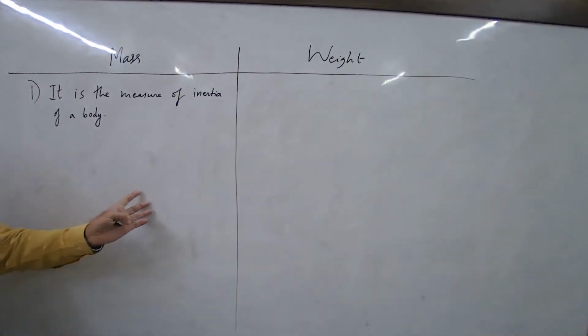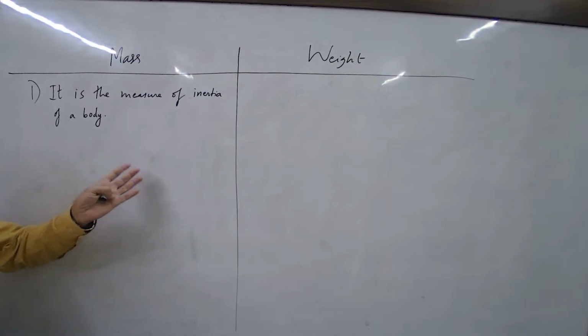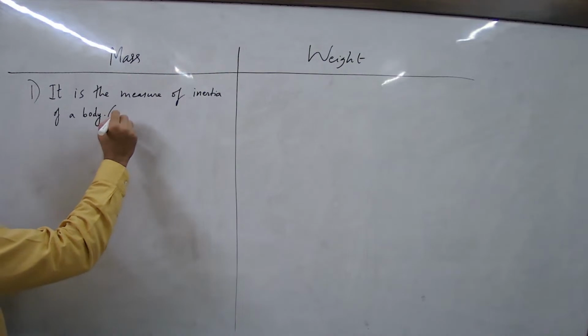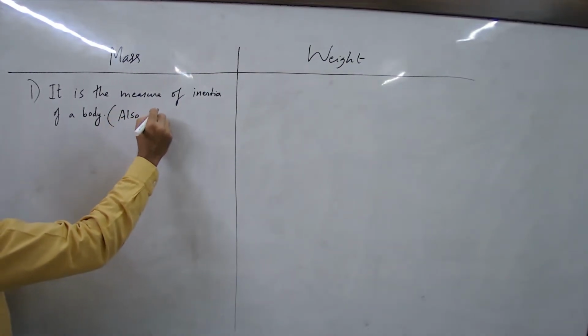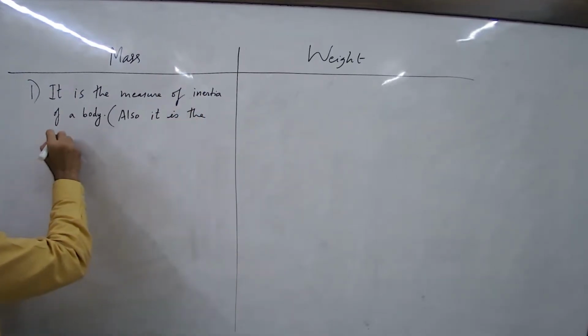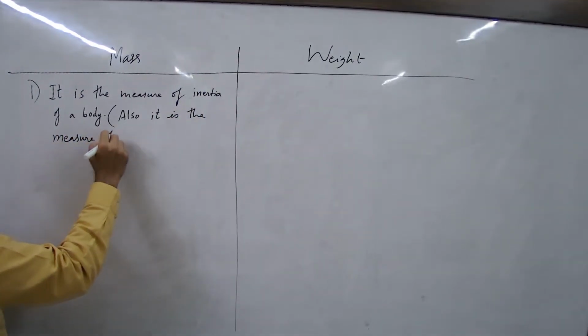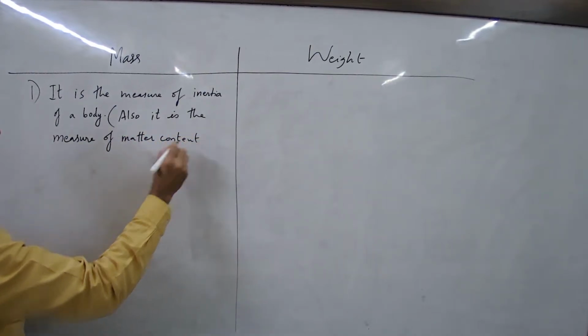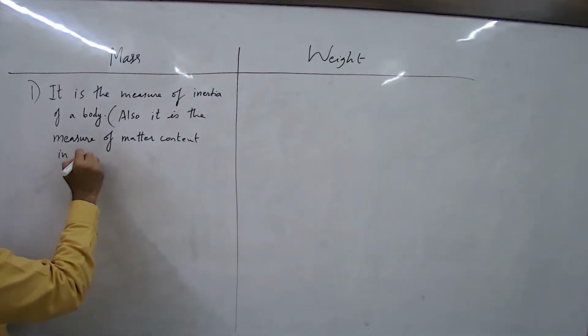Now this definition, which is in the book, doesn't make sense. Actually, mass is the measure of the matter content of which the body is made. Inertia is opposition to its motion, right? You should also write: it is the measure of matter content in a body.